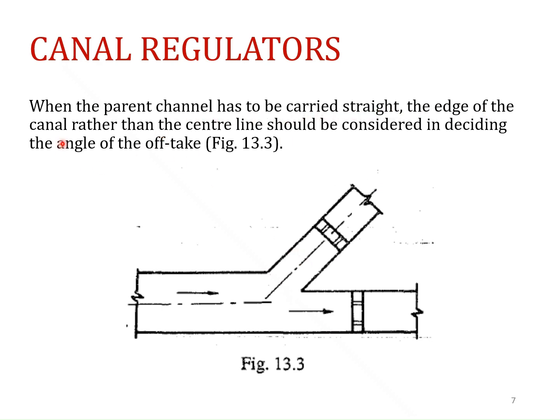The edge of the canal rather than the center line should be considered in deciding the angle of the off-taking canal. This edge of the canal is right here. This is the edge, and right here, this is the edge. So the edge changes.